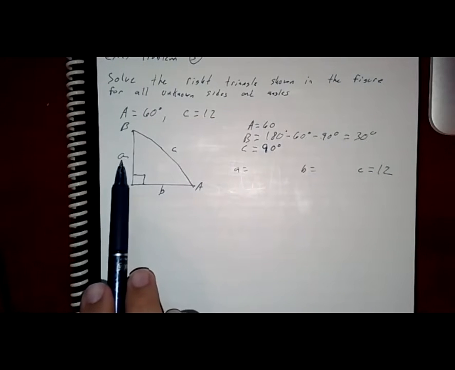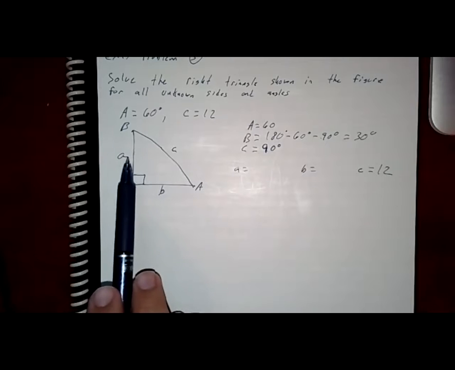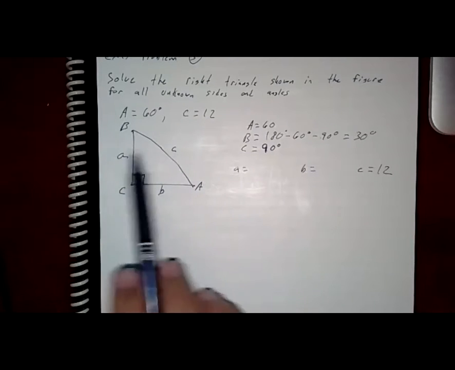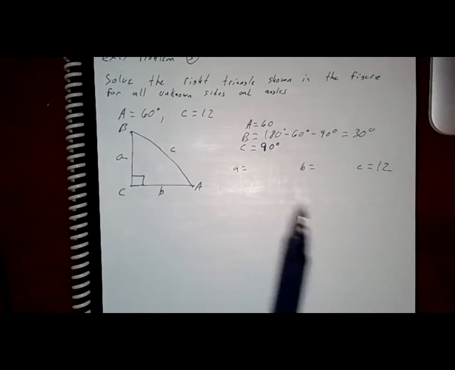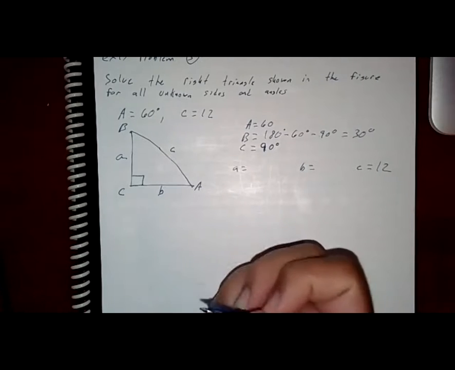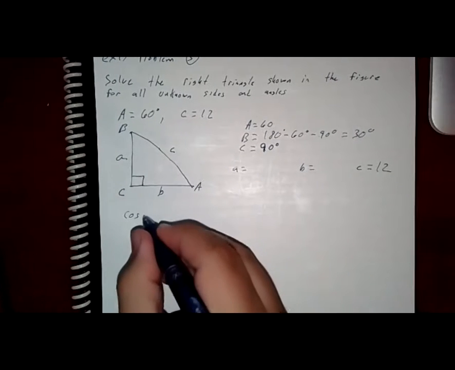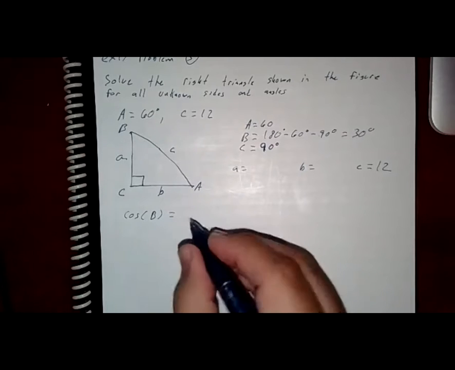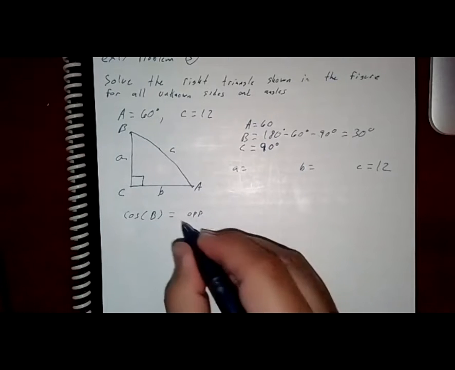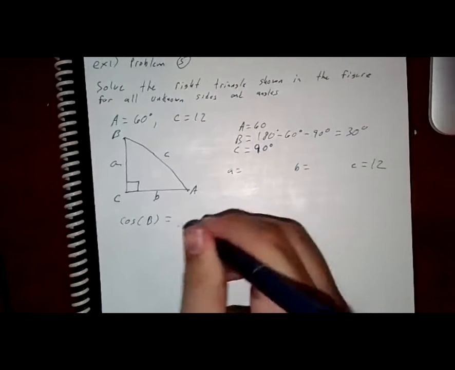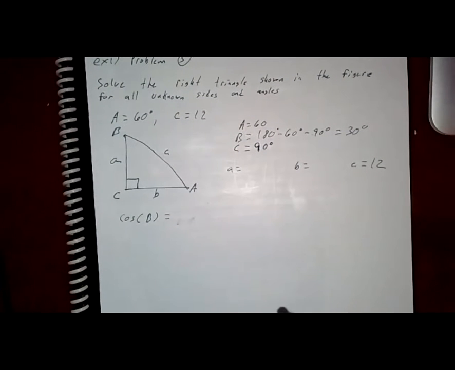So if I want to find A, I can use one of these angles, and then I'd have to use a hypotenuse, if I choose cosine or secant, right? So if I choose cosine of B, that would equal adjacent over hypotenuse.